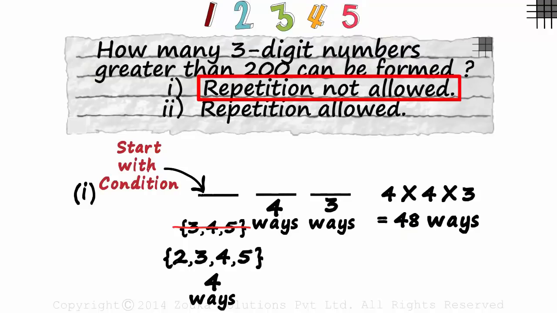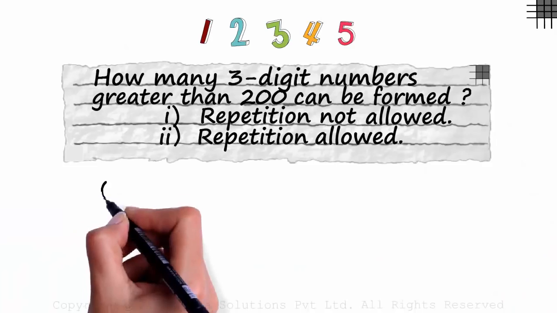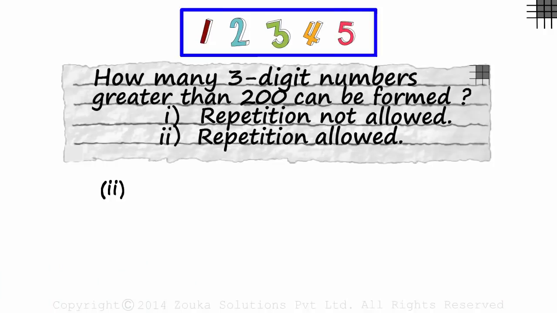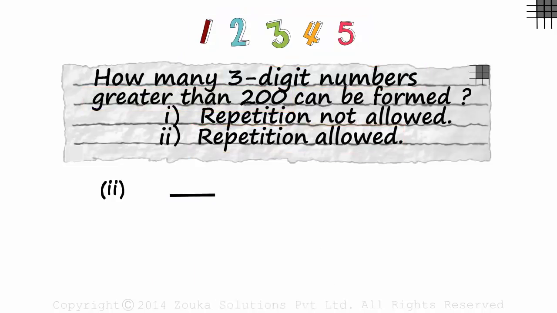Will the answer change if repetition is allowed? Let's move to a new page. We try to answer the second part here. Using these 5 digits, how many 3-digit numbers greater than 200 can be formed if repetition is allowed? We make 3 slots to represent the 3 digits.